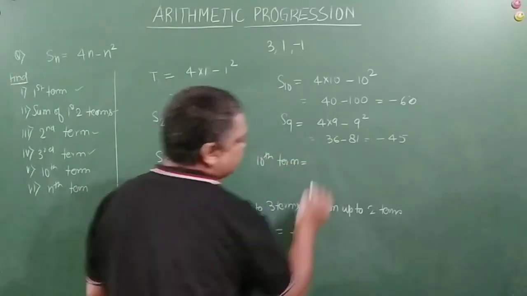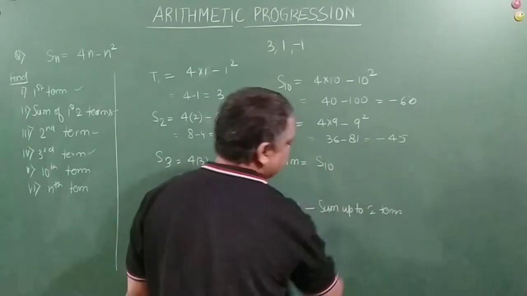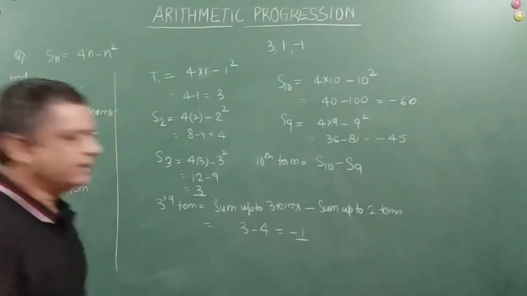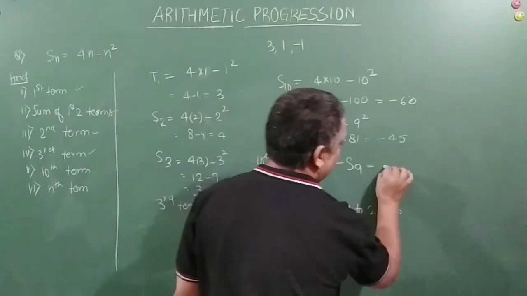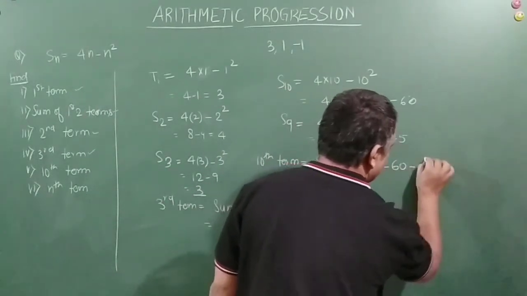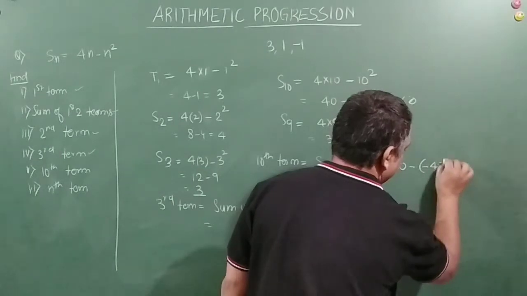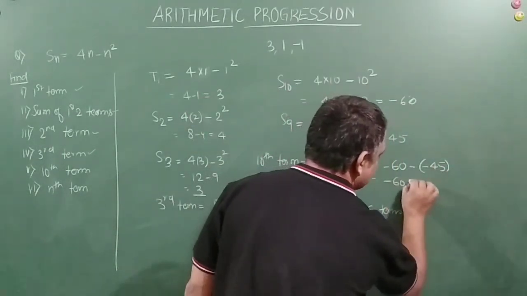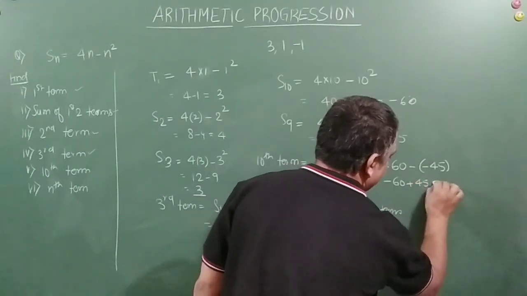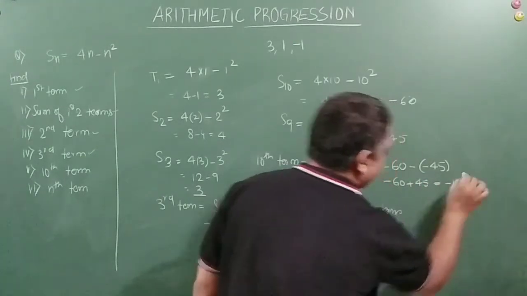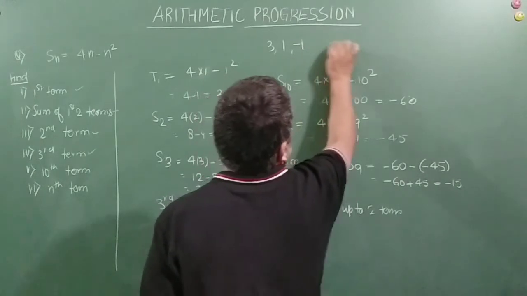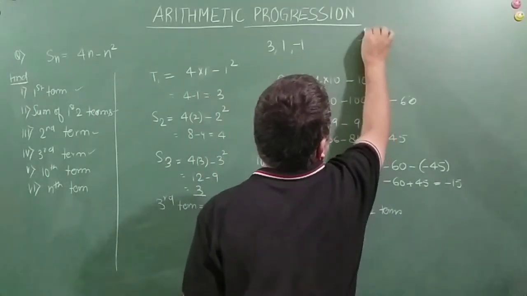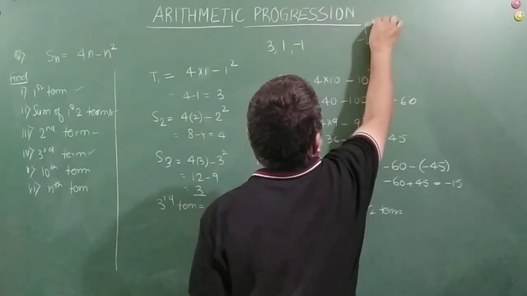The 10th term will be the sum up to 10 terms minus the sum up to 9 terms, right? Which is also equal to minus 60 minus of minus 45. You getting it? So this is equal to minus 60 plus 45, which is equal to minus 15. So your 10th term will be minus 15.